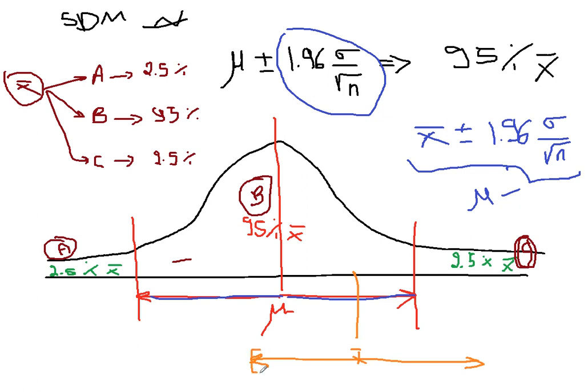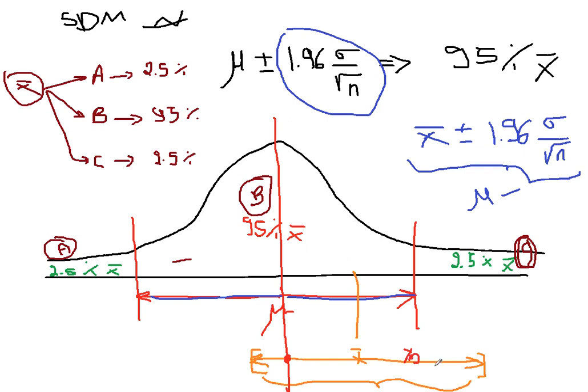Now you created this interval. Will it include mu, or will it not include mu? Well, if you notice, mu is right here. So mu is going to be captured by this interval, and the answer is yes, mu is captured by this interval.